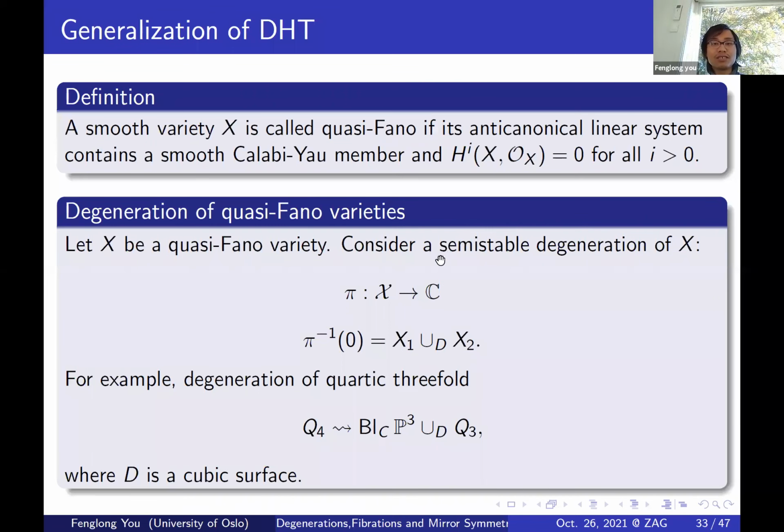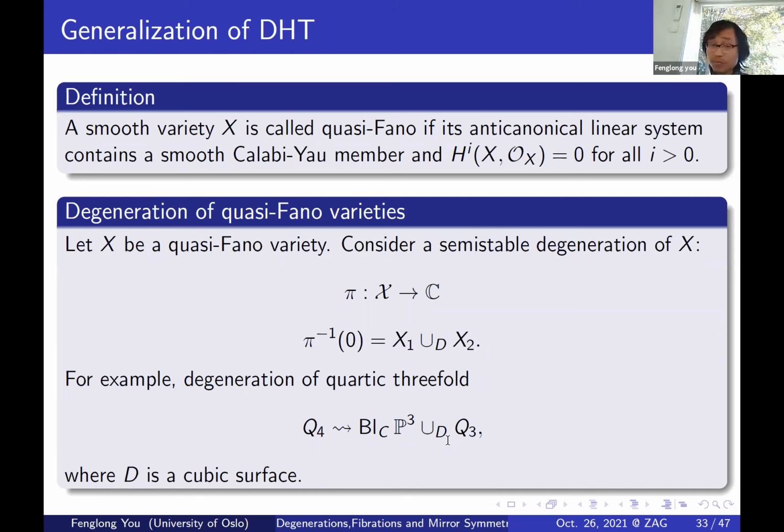We can consider degenerations of these quasi-fundamental varieties into two pieces. An example is that we can consider a degeneration of a quartic threefold into a product of P3 and a cubic threefold, and they intersect along a cubic surface.